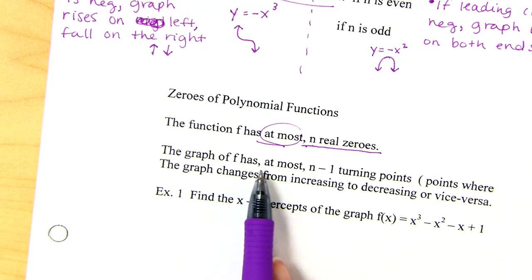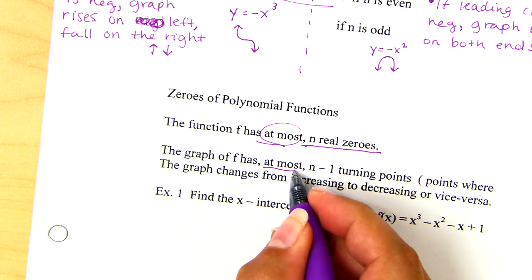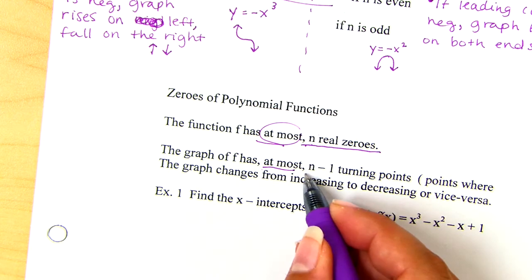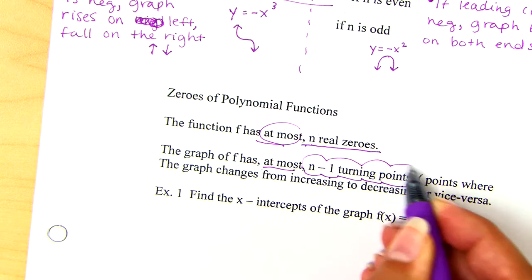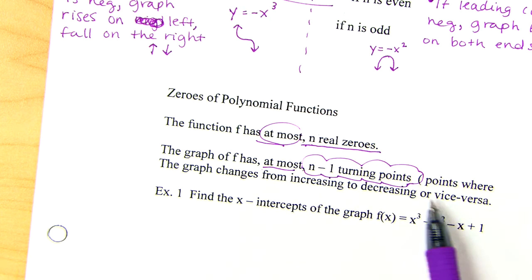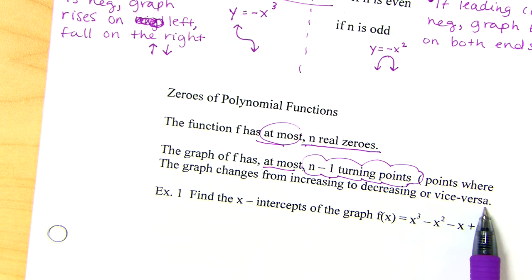The graph of f has, again, it doesn't have to have this many, but it has at most n minus 1 turning points. And these are points where the graph changes from increasing to decreasing or vice versa.